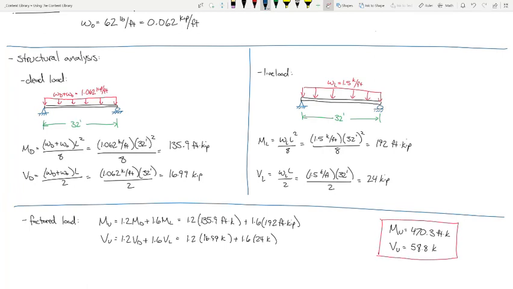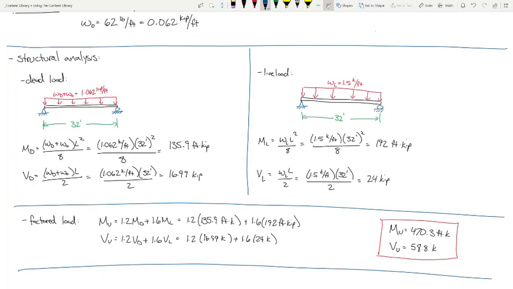Now, I'm sure there's some of you in here thinking, Dr. Mike, you did that way too complicated, because couldn't you have just factored the loads and then done wL squared over 8 and wL over 2? That would have been a lot less button crunching. You are 100% right. The only reason I didn't do that is because the only way that works is if they are both simply supported beams and both uniformly distributed loads.